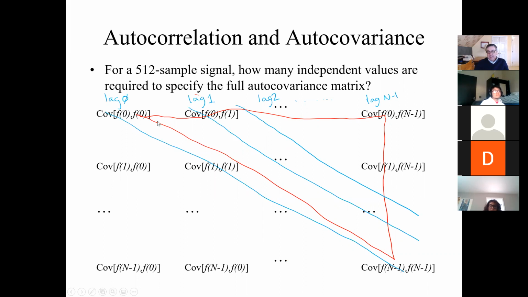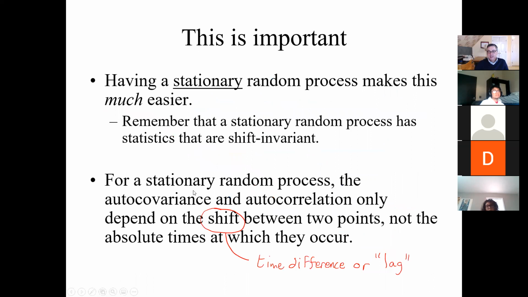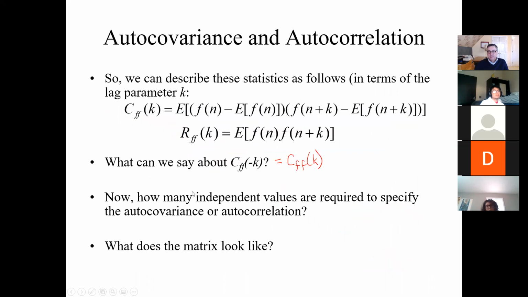And so we really only need to specify the top row now because all of the other elements of the matrix follow from that. So how many independent values do we need now? It's just N, the length of the signal. So that's a lot better, right? Now it's 512 instead of 512 times 256 plus a few.